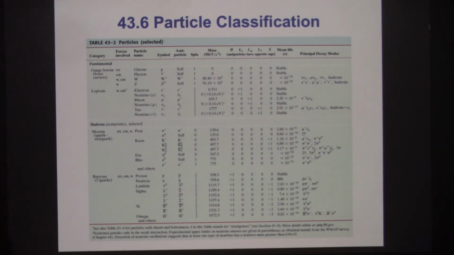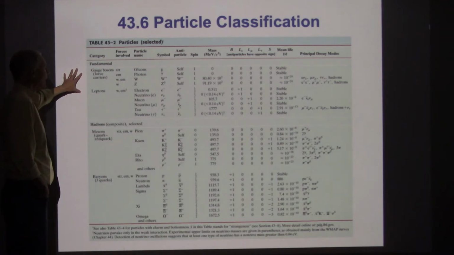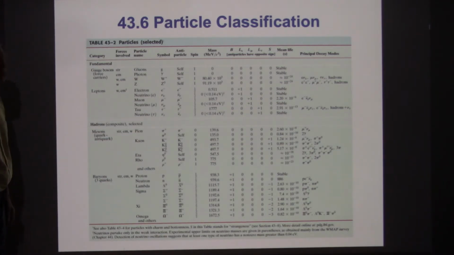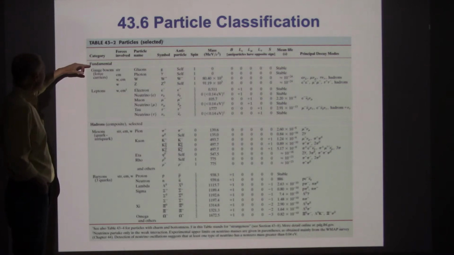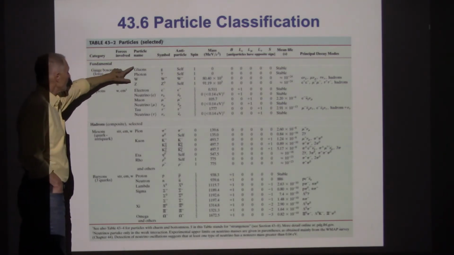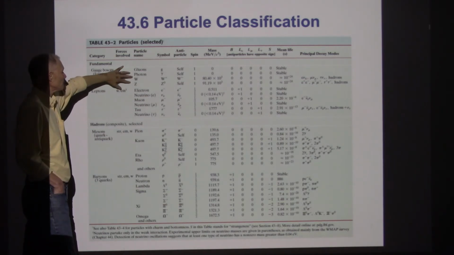Okay, this is something I guess we need to talk about. There are these tables in the chapter. I apologize for these. Or maybe not. I guess what I should say is you don't have to memorize these. That's not the intention of this chapter at all. Now, in this table, table 43.2, it does have a list of the fundamental force particles in nature. There they are.